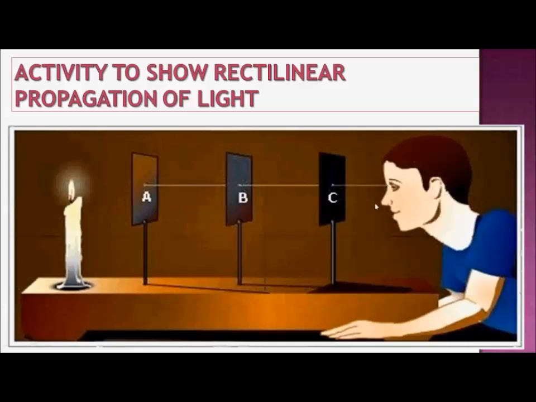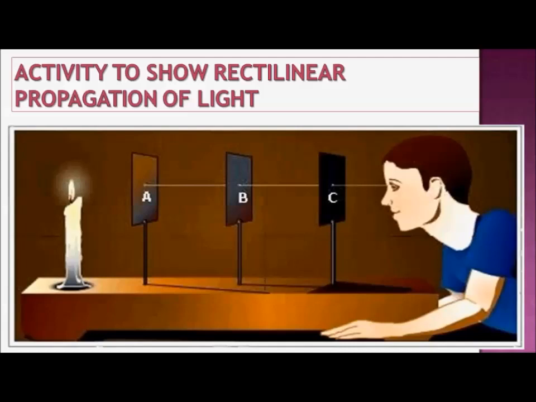Clear? So from this experiment, you can observe that light travels in a straight line and we can't see the light when we move the card. This property of light is called rectilinear propagation of light. Hope it was clear to you all.